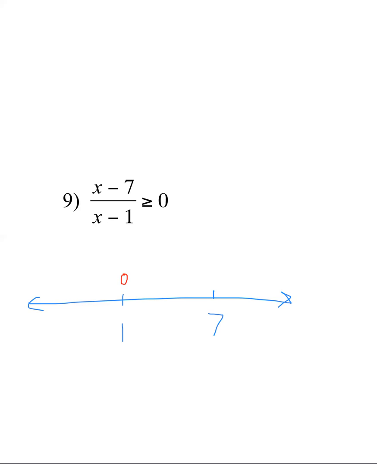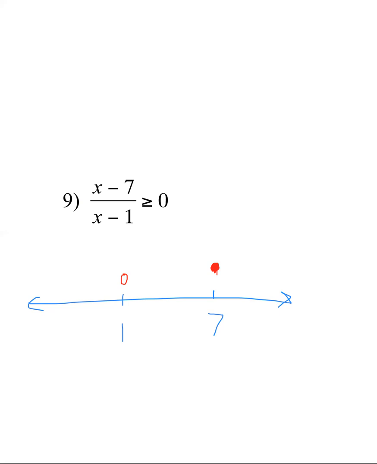Can I have 7? If you plug in 7, the numerator becomes 0, but that's fine. Is 0 greater than or equal to 0? Yes, it is. So 7 is a perfectly fine value, and I'm going to fill that in with a closed circle as best I can. It's really hard to close circles on this. You get the point.